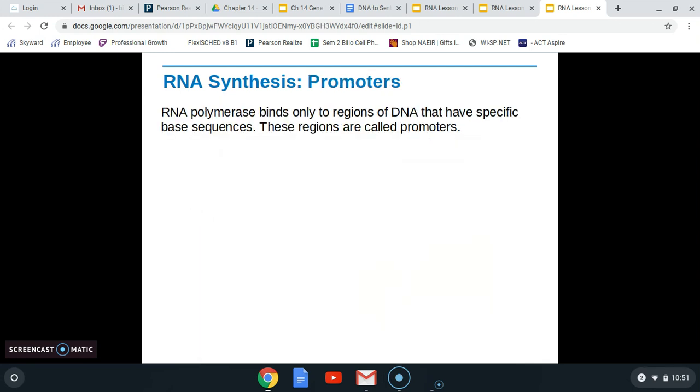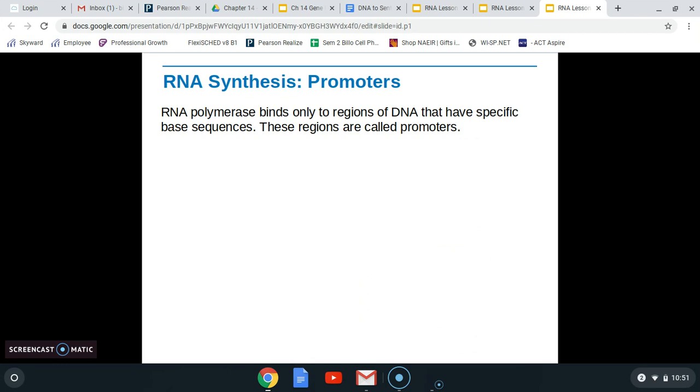So, what does RNA polymerase do? It only binds to those areas of the DNA that are actually going to say something. There's a lot of areas of DNA that we don't want to translate or transcribe because we don't need those proteins at the moment.